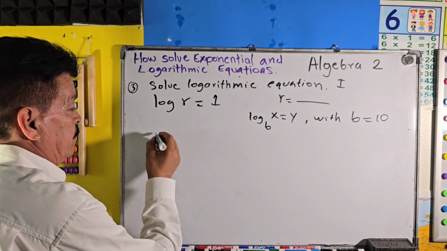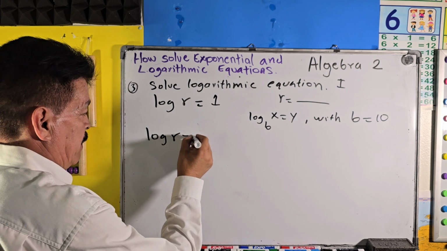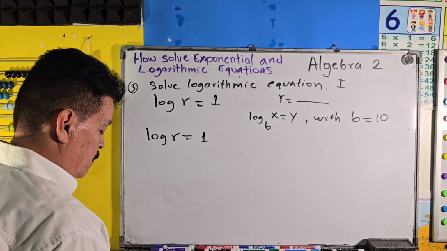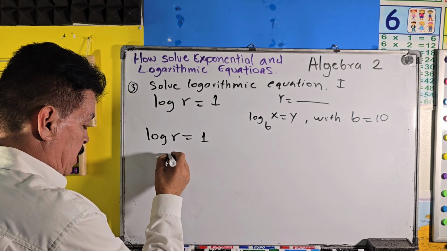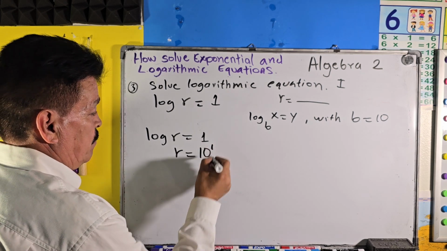In this case, we write log r equals 1. So r equals 10 to the first power.